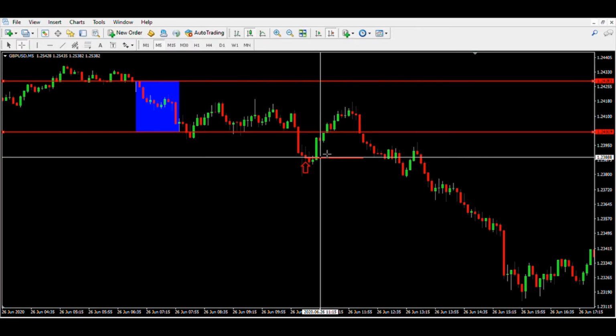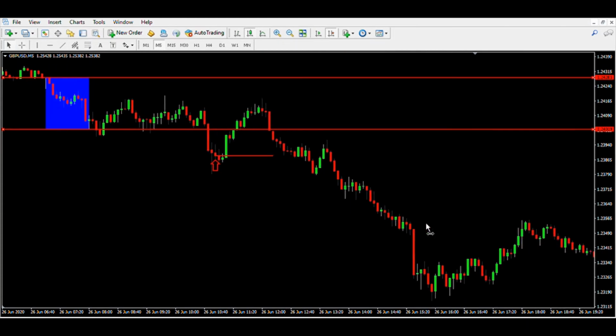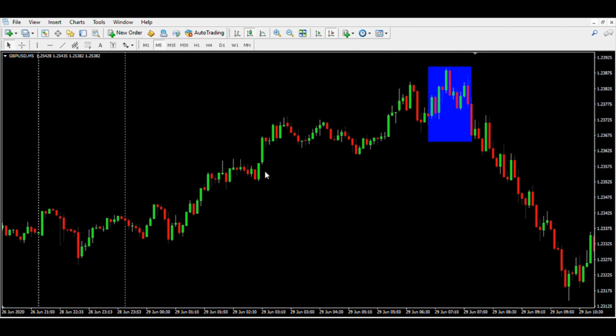As you can see, you were in a bit of drawdown, but it hasn't hit your stop loss. It reached there and it came down to give you 26 pips. Okay, we have gotten 26 pips. All right, so we have won 3 trades straight. And let's move on to our next day.